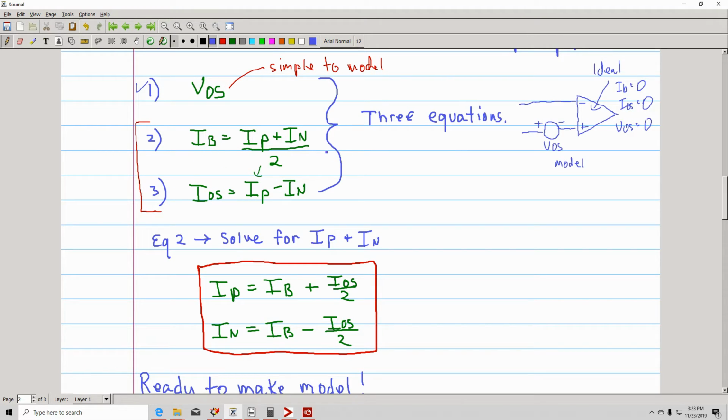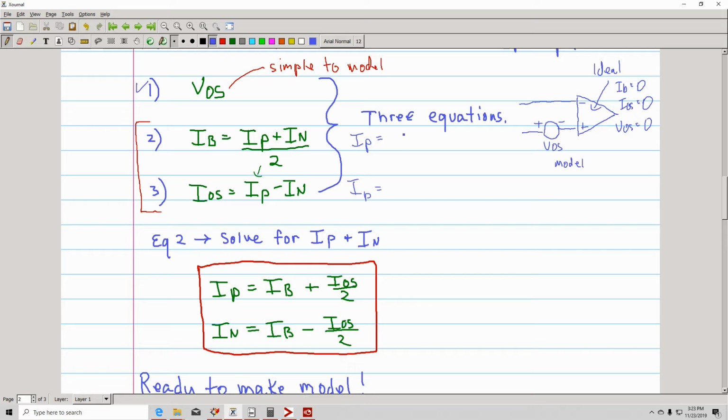And then with these two equations, IB and IOS, you basically solve for IP, and this one you also solve for IP. So in this case, once you solve for IP, you set them equal to each other.